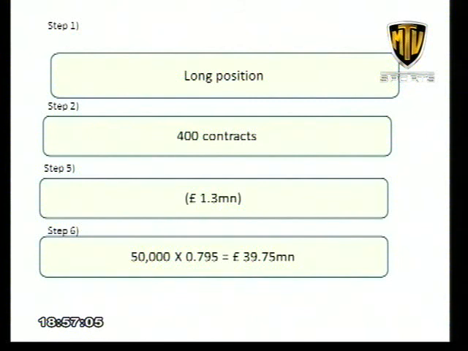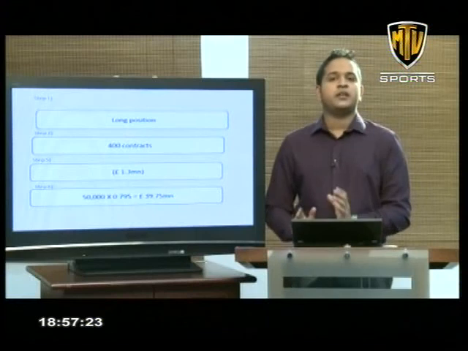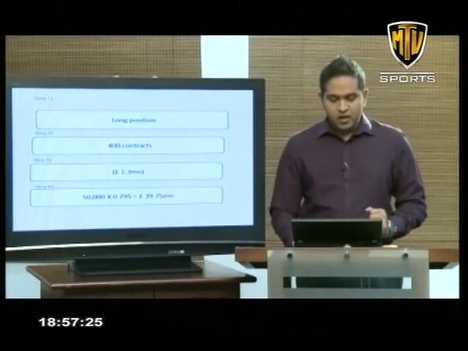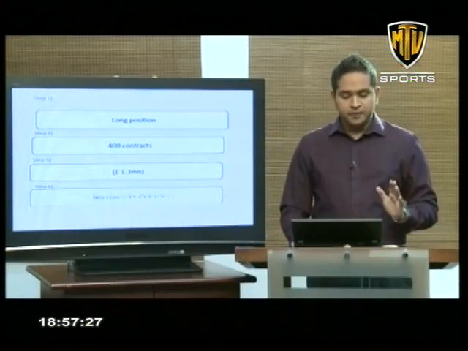So I will execute this in the spot market. That's why I'm using the 0.795 rate. That's the spot market rate here. And then I have to incur a 39.75 million sterling cost to settle my supply simply in the spot market, as if nothing happened. So that's the outcome.